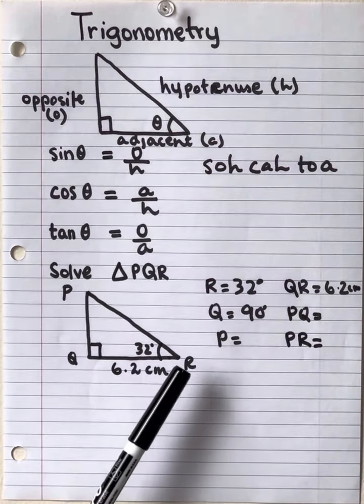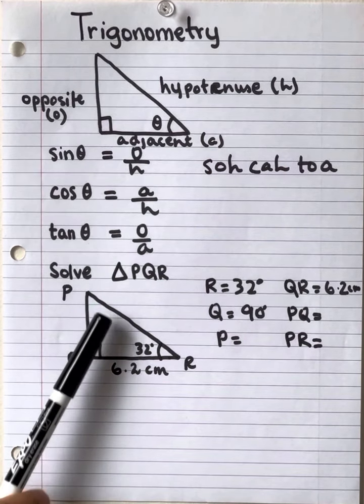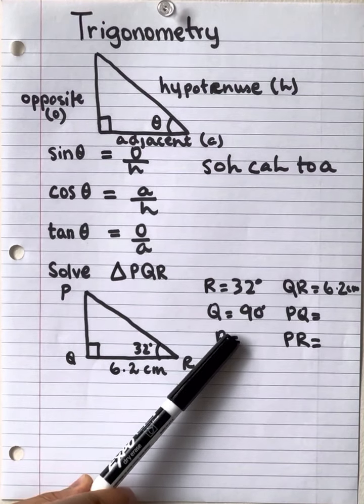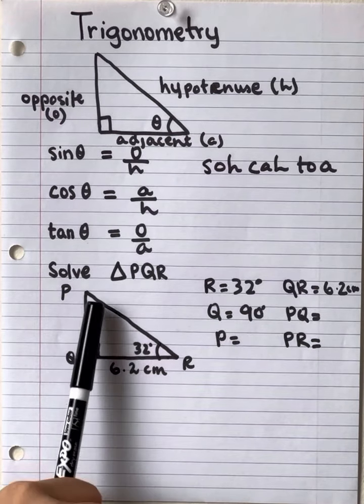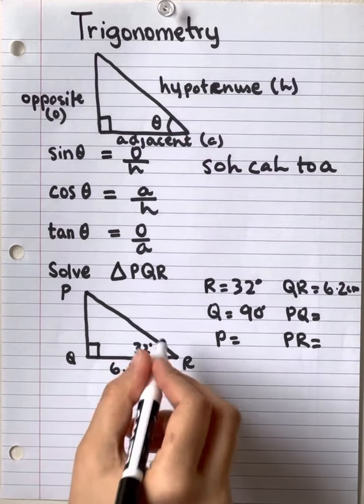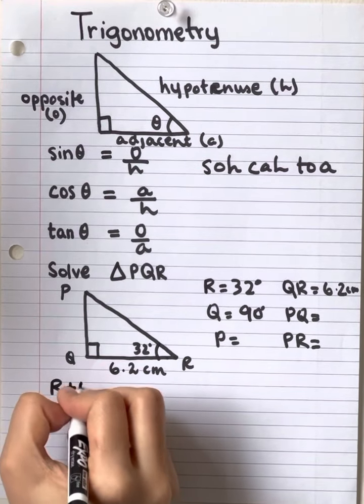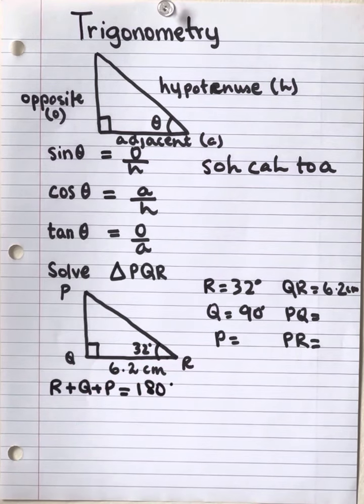Now, if we're given two angles of a triangle, we can find the third angle by setting them equal to 180 degrees, because all the angles in a triangle make up 180 degrees. So here R plus Q plus P is equal to 180 degrees.